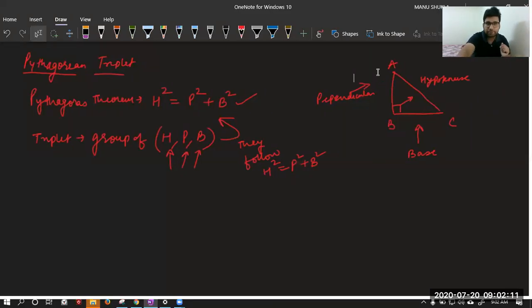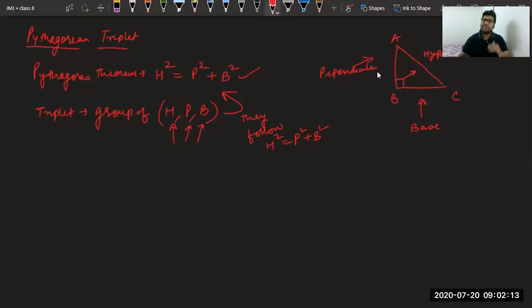Now see. Now let's take an example. If I take numbers 2, 3 and 4, please tell me, are these three Pythagorean triplet? Please check. We all know the longest side is always the hypotenuse.